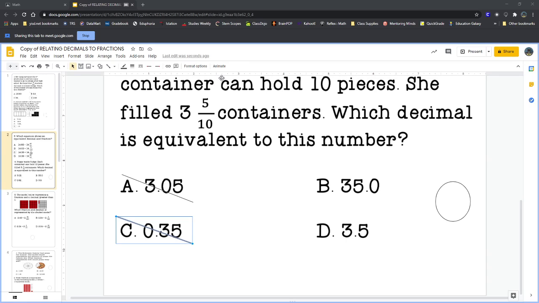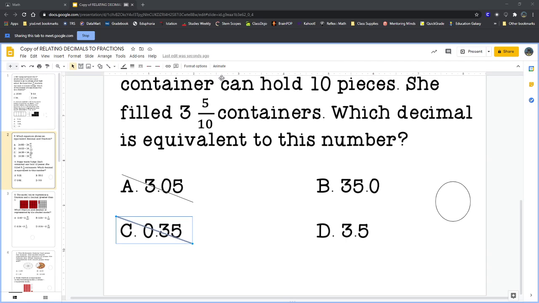Tell me, Ezekiel, in that fraction, what number is on top? What's my numerator? Five.